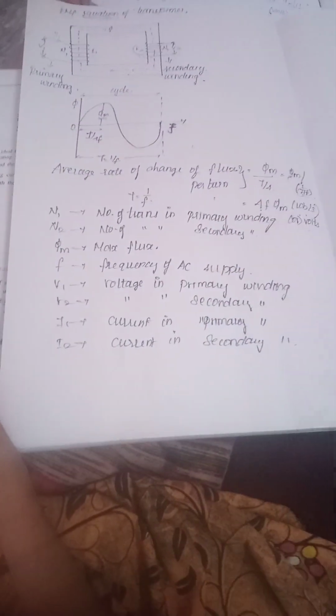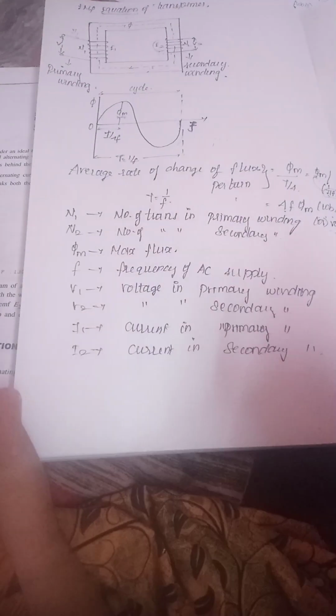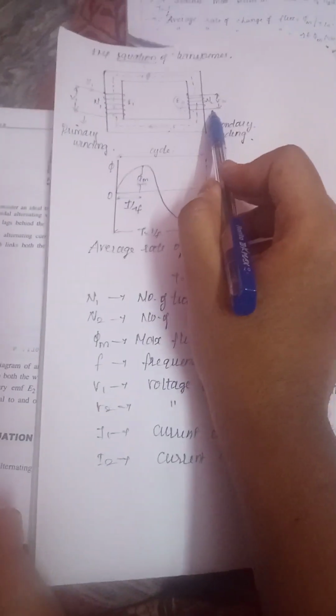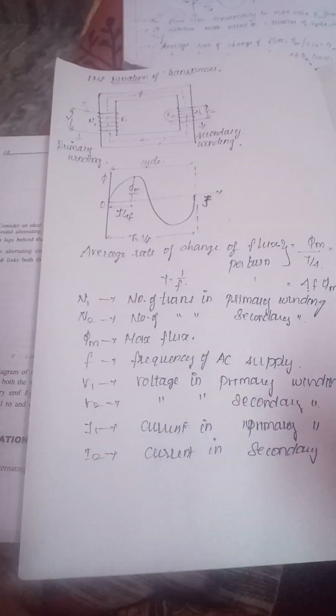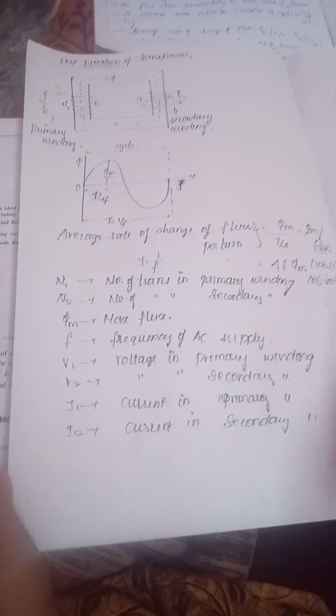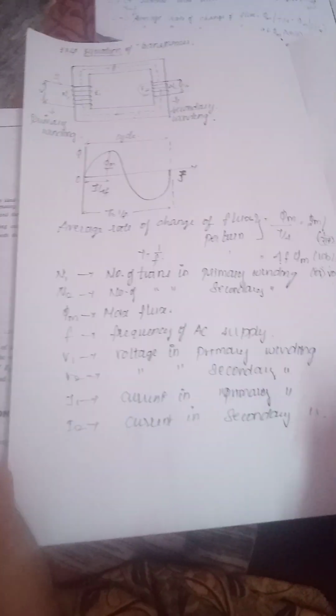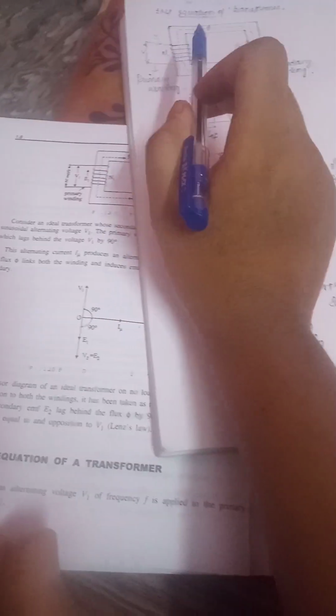The second step is to find how much EMF gets induced in the primary winding as well as the secondary winding. To state the amount of EMF, we have to use the RMS value. For this alternating current, the RMS value for the sinusoidal wave will be like that.